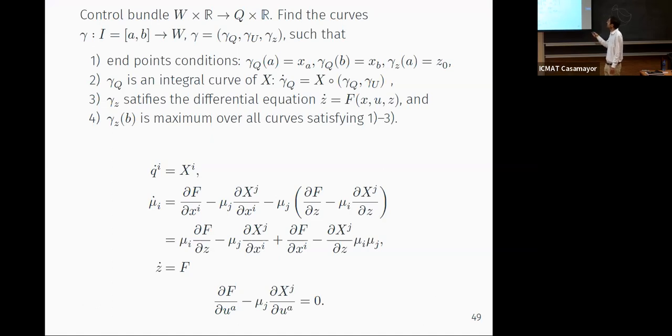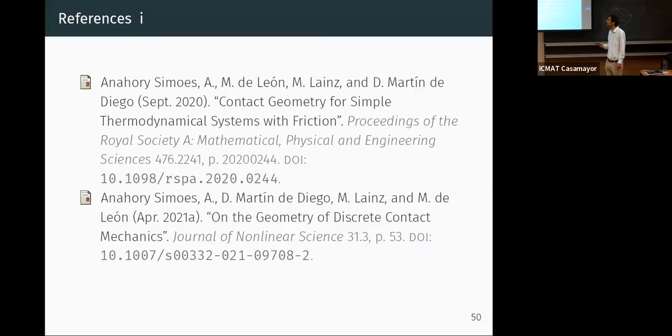The solutions of this problem are the curves that satisfy this thing over here. These are the optimality conditions for the optimal control problem. If you take f to be independent of z, and remove all these terms, you get the usual optimality conditions.